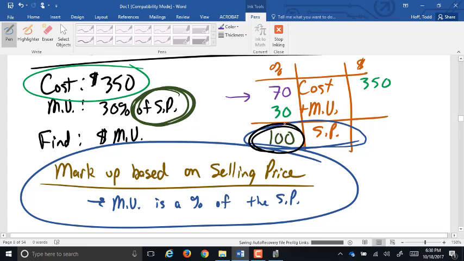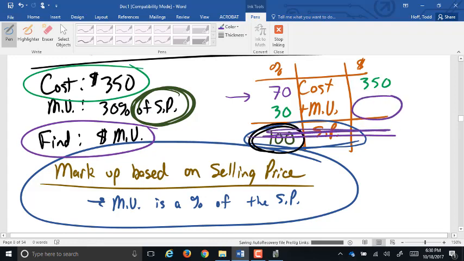You would subtract going backwards. 100 minus 30 is 70%. Now looking for the dollar markup then would be this number here. We actually do not need that bottom number. So this is one time where we're not even going to use the number that represents the 100%. We will do 30 times 350 divided by 7 is 150 bucks.